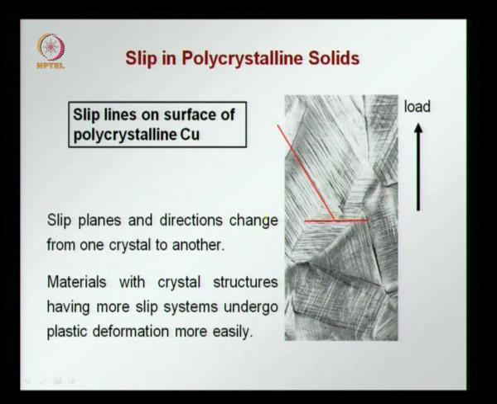So slip planes and directions change from one crystal to another, and materials with more slip systems will therefore undergo plastic deformation more easily. That is, if this adjacent crystal has a slip plane along a similar direction as this, then the continuation of the slip will be easier and plastic deformation will occur more easily under a certain load.